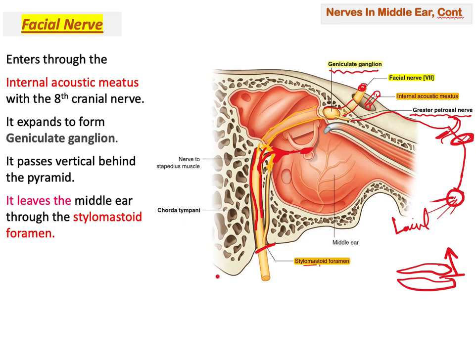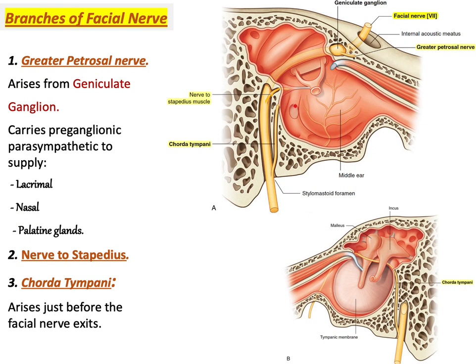This is the mastoid process, right? So this is the stylomastoid foramen. But before it leaves in the mastoid part here, it gives a third nerve, the chorda tympani. Let me show you in this figure.